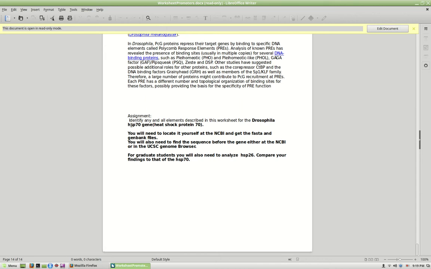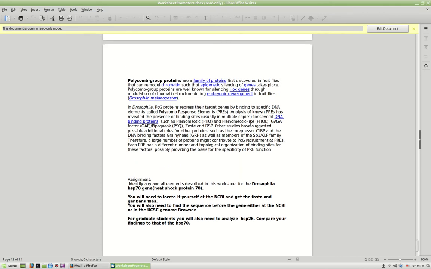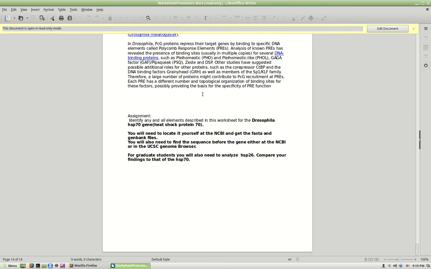You should be able to just search for HSP70 in the Drosophila genome, and it should give you a gene, and you're going to find the region near the beginning of that gene that has these sequences in it. You're going to find out which sequences are there, because finding promoters helps you understand how this gene is regulated. All right. Notice that the graduate students will have to do this for not just HSP70, but for HSP26. And that should explain that worksheet.